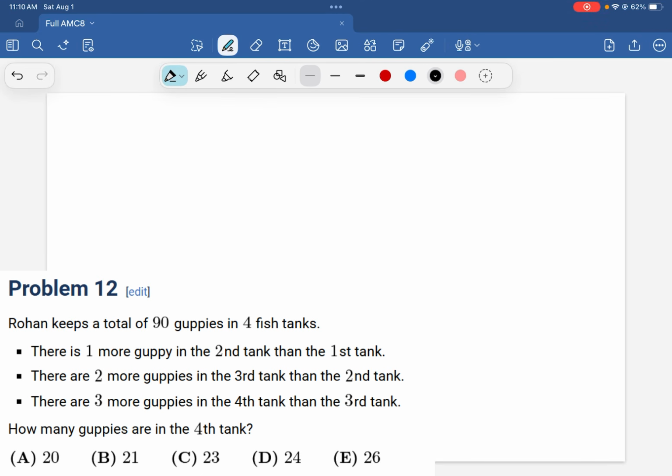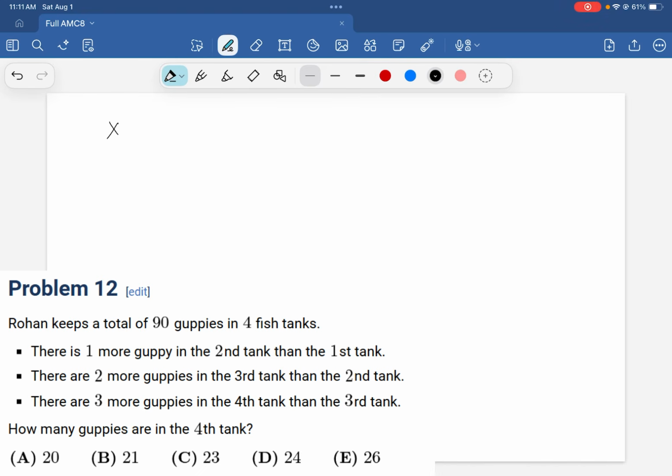Problem 12. Rohan keeps a total of 90 guppies in 4 fish tanks. There's one more guppy in the second tank than the first tank, 2 more in the third tank than the second tank, and 3 more in the fourth tank than the third tank. So we have 4 tanks. Let's say the first tank has X guppies.